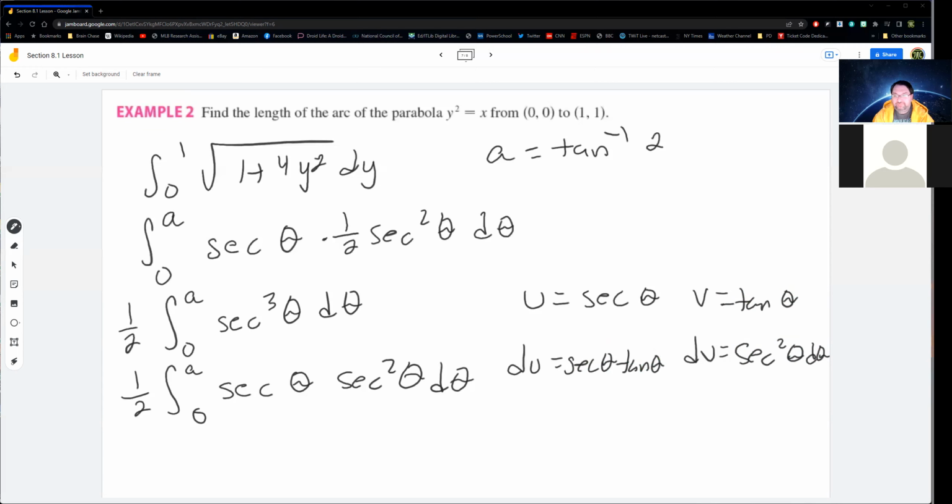So now I have some tangents. Is the du there secant theta tangent theta d theta? Yeah, I just didn't have room to write it.